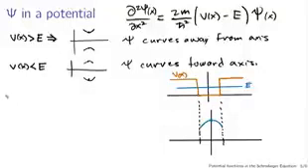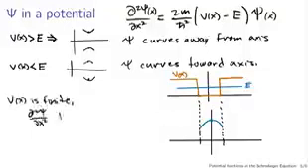And the key fact is that if V of x is finite, then while we might have the second derivative of psi with respect to x being discontinuous, maybe, might not be, in this case the second derivative of psi is just set by this difference. So when we have a discontinuity in the potential, we have a discontinuity in the second derivative.